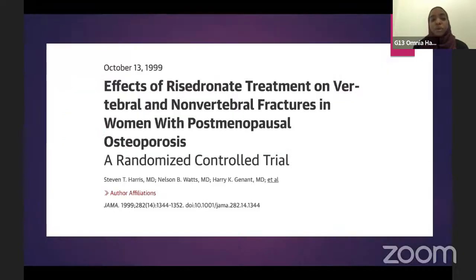Okay, so this is an example of a study: Effects of risedronate treatment on vertebral and non-vertebral fractures in women with postmenopausal osteoporosis, a randomized controlled trial. So this is a good title. It gives you the whole information about what to expect. But if it was just effects of risedronate treatment, that's it. This will be a very short article. It's not appealing to the reader.